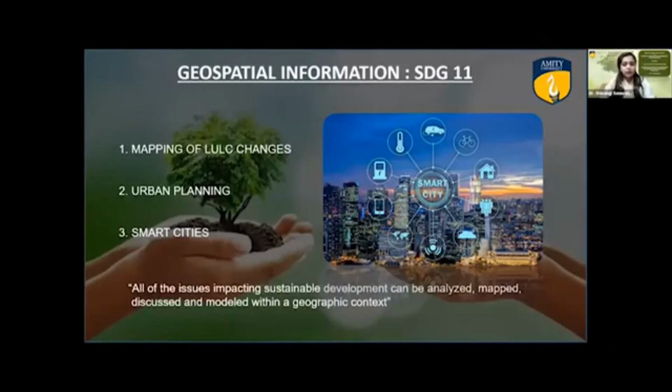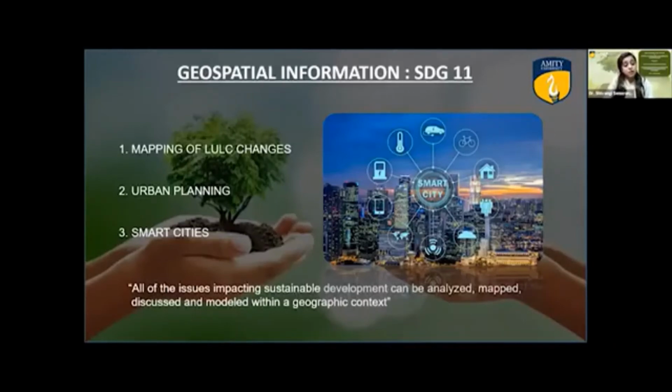So the wider use of Earth observation technologies, including satellite remote sensing, global mapping, and geographic information systems with respect to SDG 11, is to collect quality data on environmental impacts, land use, and land cover changes for sustainable urban planning and development of smart cities.